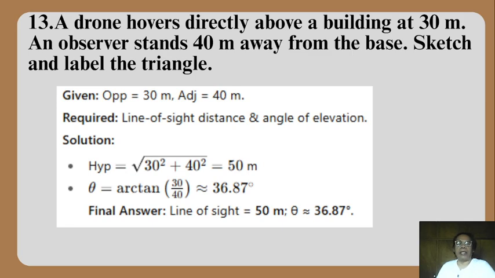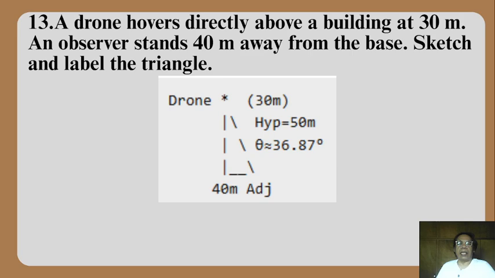So the final answer, the line of sight, 50 meters, and then the angle theta, 36.87 degrees. And this is the illustration for number 13. So the hypotenuse is 50 meters, the height is 30 meters, and adjacent is 40 meters. So the angle of inclination is 36.87 degrees.